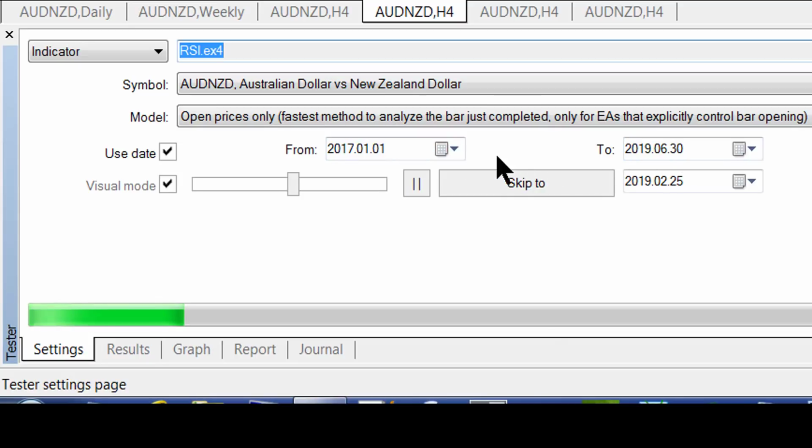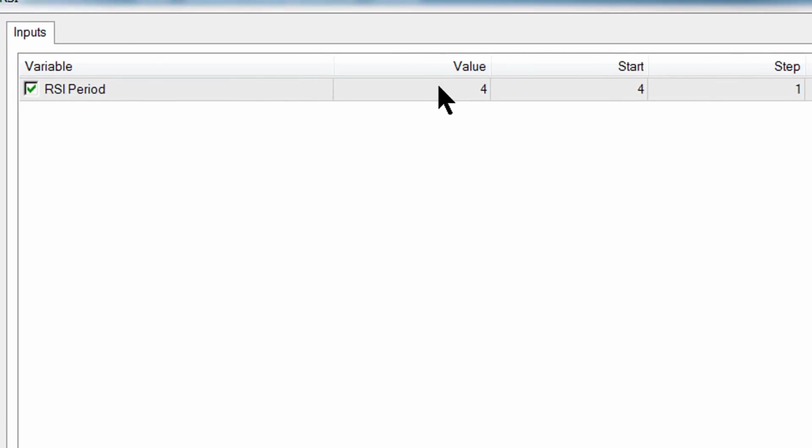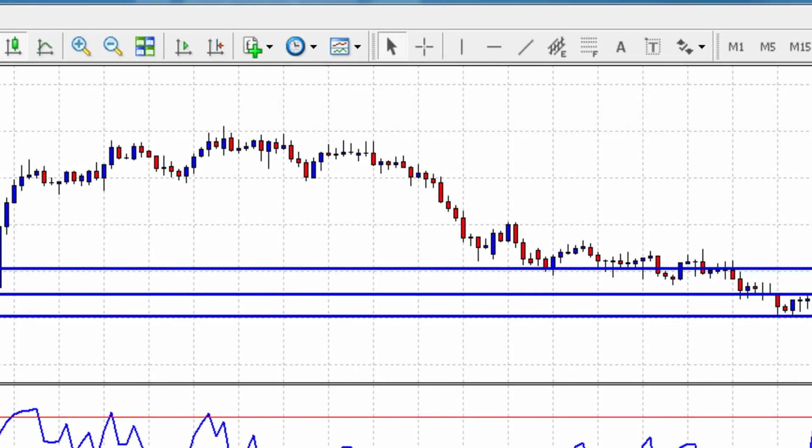So I've set a period to test, and you can see I've gone right back to the 1st of January 2017. So I've got a random starting point. I don't know what the chart looked like then, and I'm going to then test so then I click on the indicator. I put the RSI reading that I want to put in, and I say OK.